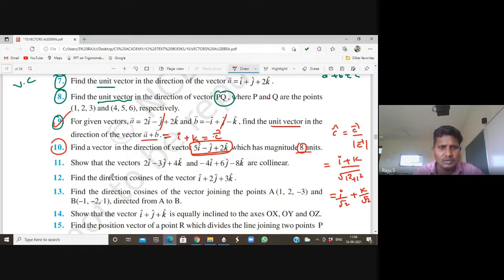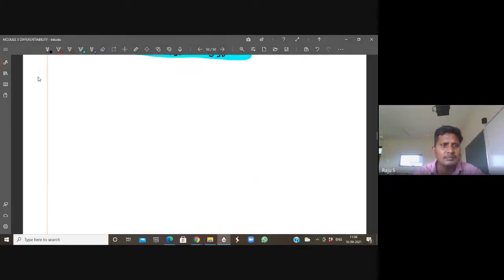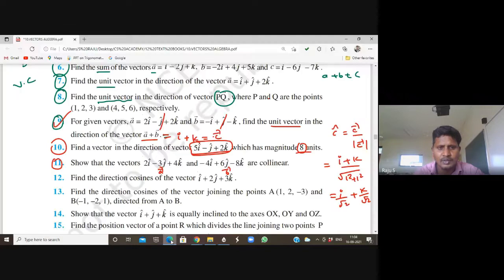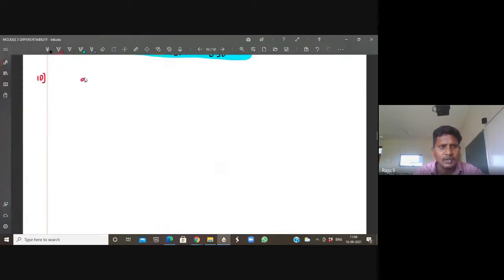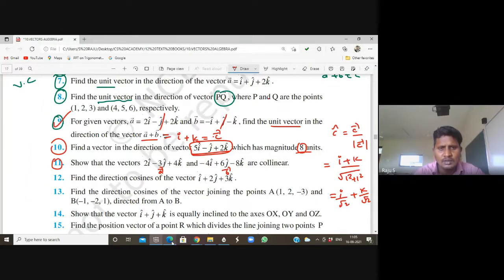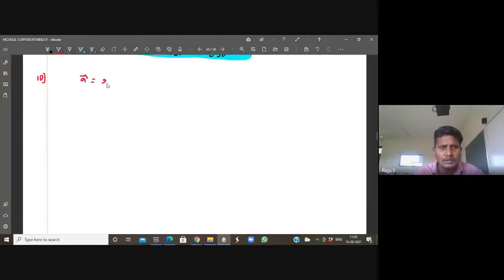Coming to the next question, question number 11. Show that the given vectors are collinear. First, let us consider the first vector as vector A and the second vector as vector B. Can you tell me what is vector A? Vector A is equal to 2i minus 3j plus 4k.